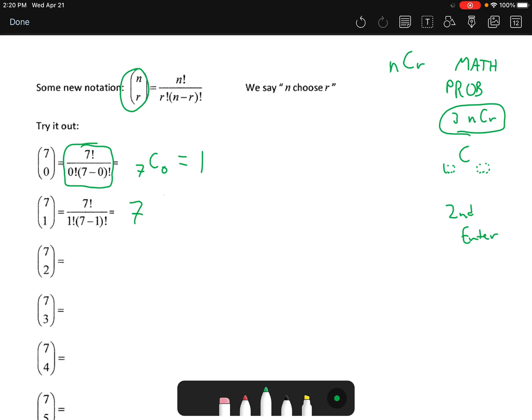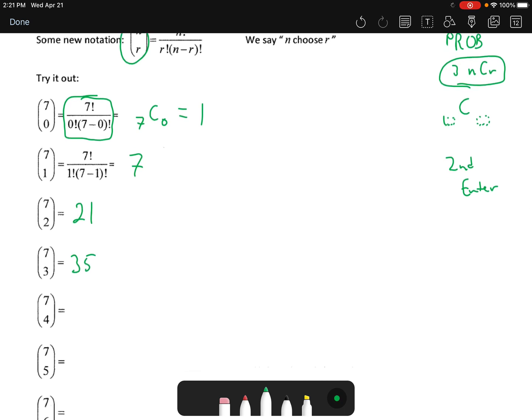Now, second entry, what's 7 choose 2? 21. So the third coefficient is 21. So 7 choose 3 is 35. Okay, 7 choose 4. Again, all you do is hit second entry and overwrite the last one. 7 choose 4 is 35.